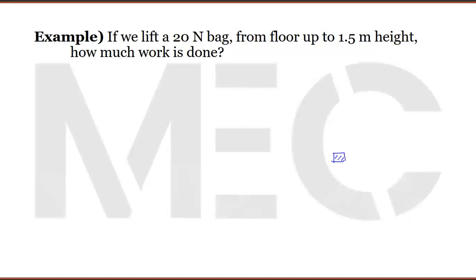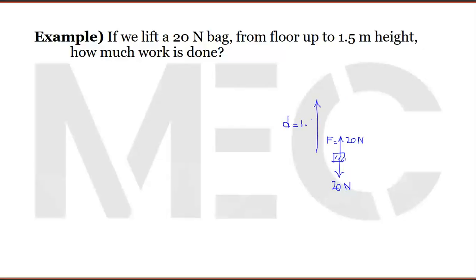Because the weight of it is 20 Newton, we need 20 Newton to overcome the weight of this bag. So we are applying 20 Newton of force to raise 1.5 meters.